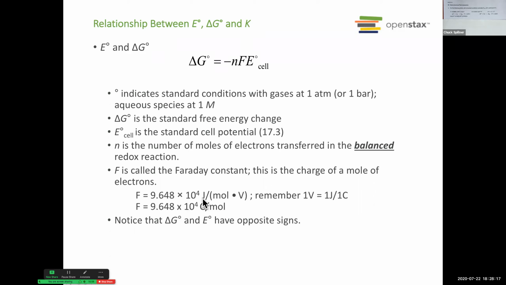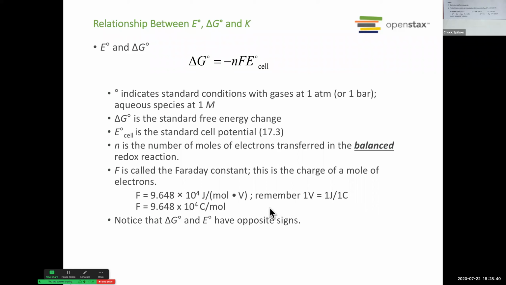The unit that we're going to use in our equations is joules per mole volt. But joules per mole volt is the same as coulombs per mole. And that comes from the relationship between volts, joules, and coulombs. If you remember, 1 volt is 1 joule per 1 coulomb.